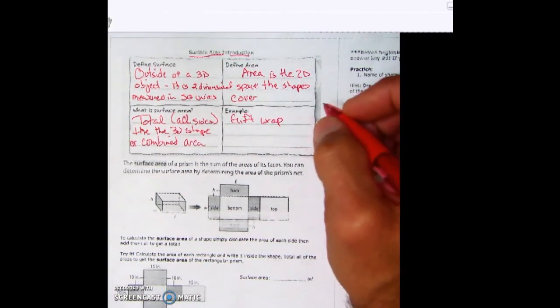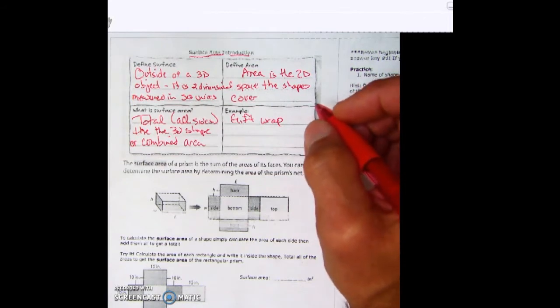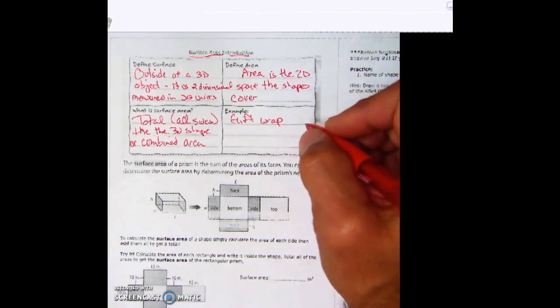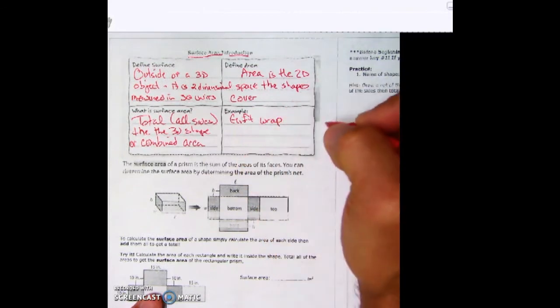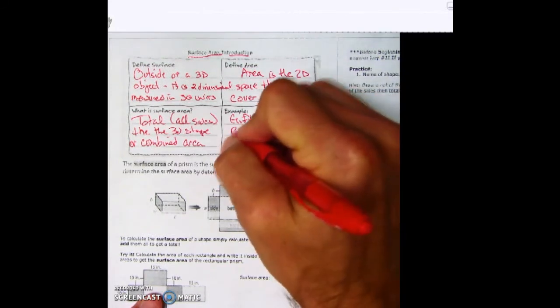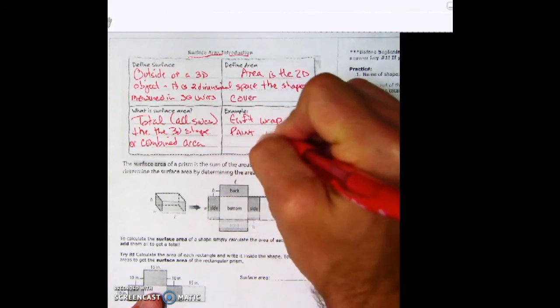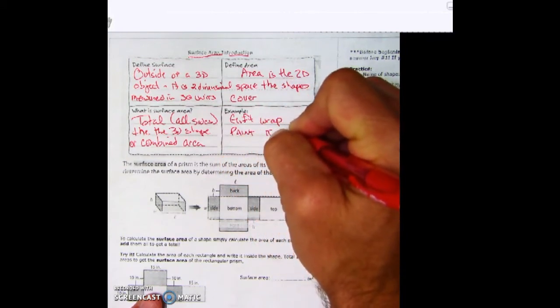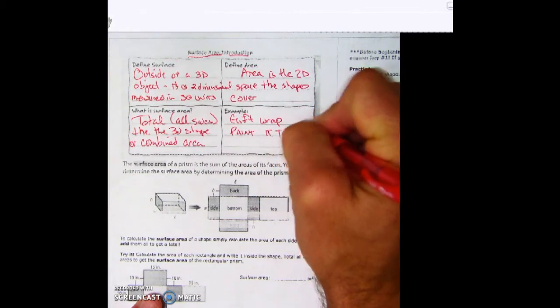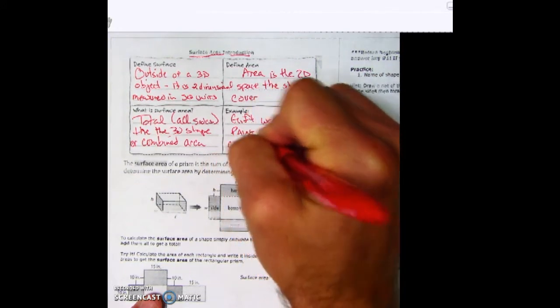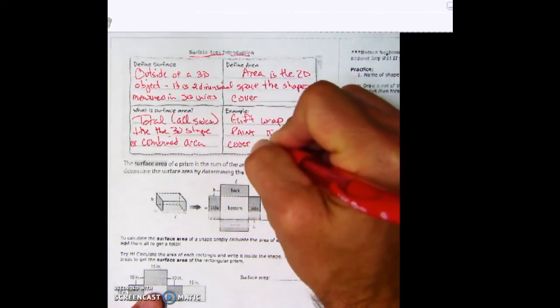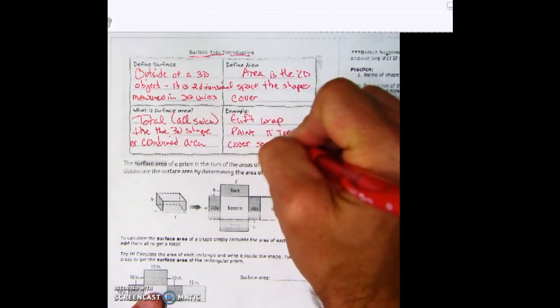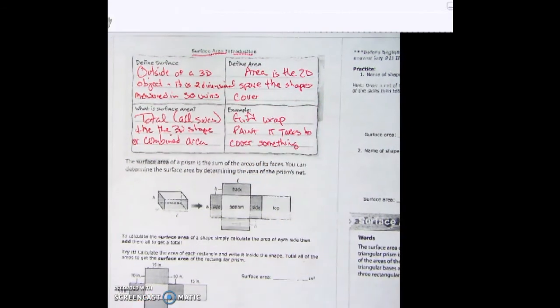So gift wrap might be one, how much it needs. Surface area might also be paint, how much paint it takes to cover something. So it could be a shed, a house, something like that, where it's made up of different things.